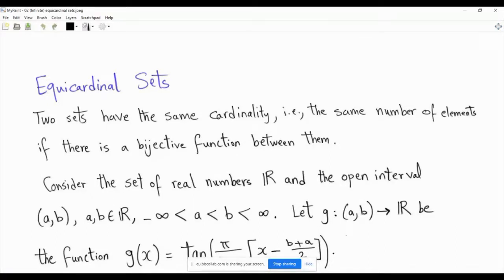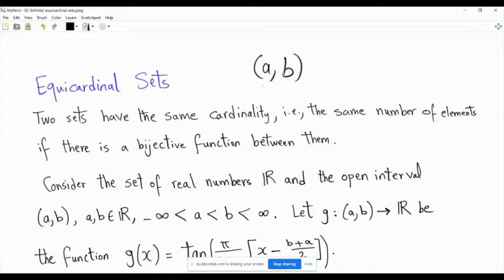If there is a bijective function between these two sets, then the two sets have the same number of elements.